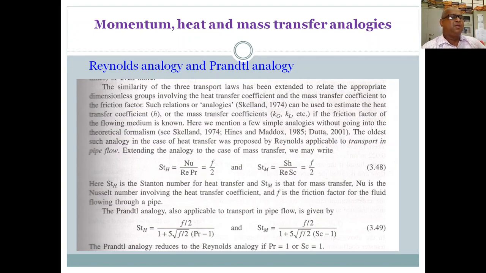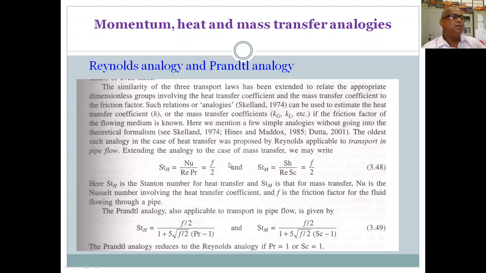So what statement did he make? The Stanton number for heat, that is Nusselt number by Reynolds number by Prandtl number, is equal to friction factor by 2. They saw for laminar flow that this Stanton number equals friction factor by 2.